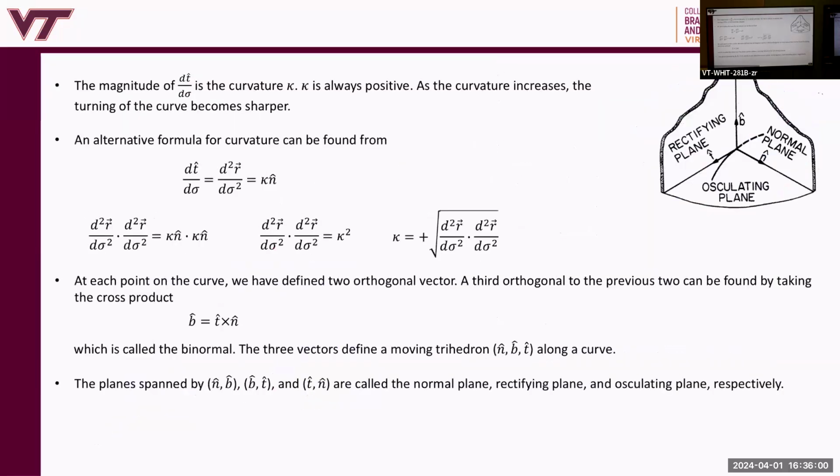The magnitude of dt d sigma is the curvature kappa. Kappa is always positive. It's always defined to be positive. As the curvature increases, the turning of the curve becomes sharper, right? Look at it here.